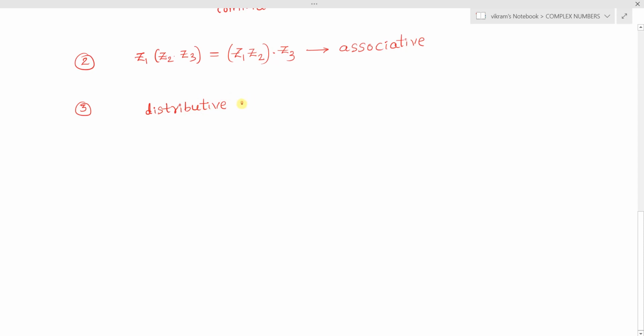That means we can write z1 times another complex number z2 plus z3 as z1 z2 plus z1 z3. Otherwise, z1 plus z2 times z3 equals z1 z3 plus z2 z3. So complex number multiplication is distributive.